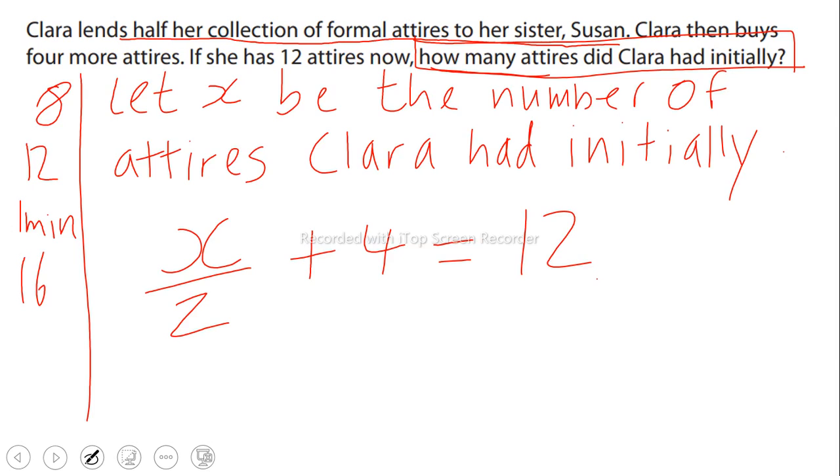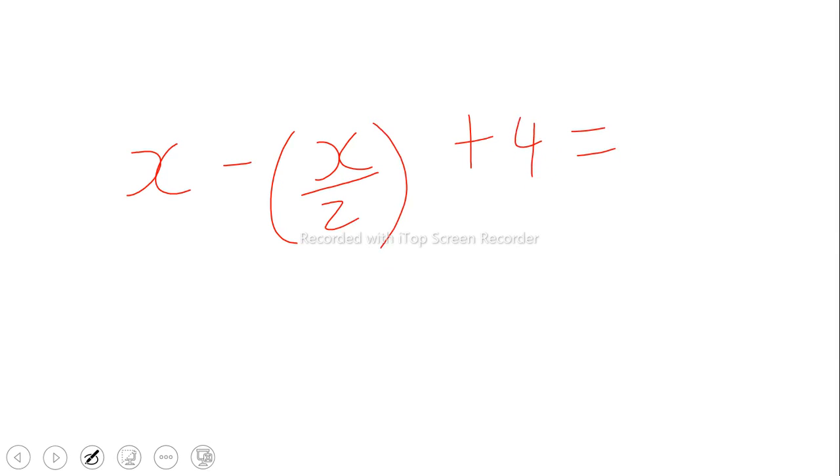Let's see. She had X in the beginning. She gave away half of that. She bought 4 more. She has 12 left. That's the correct way.